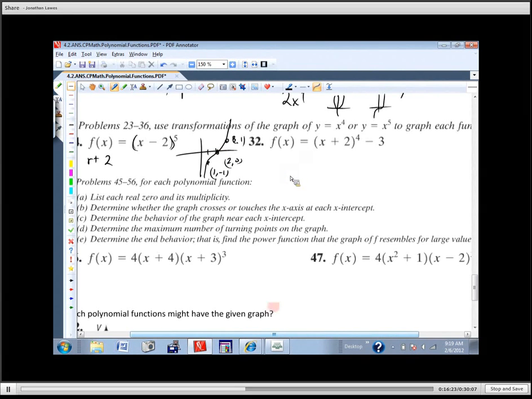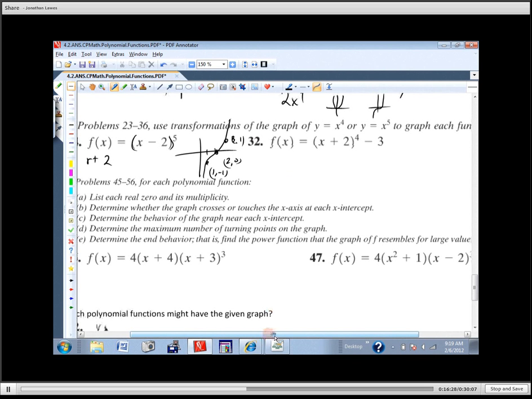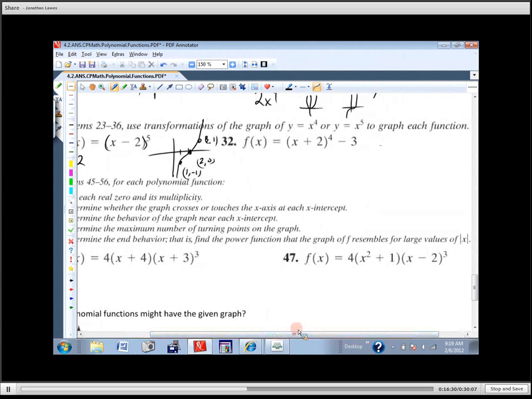Okay, would you graph this next one? Just a quick little sketch. Label a couple important points on the graph. This should look really familiar.